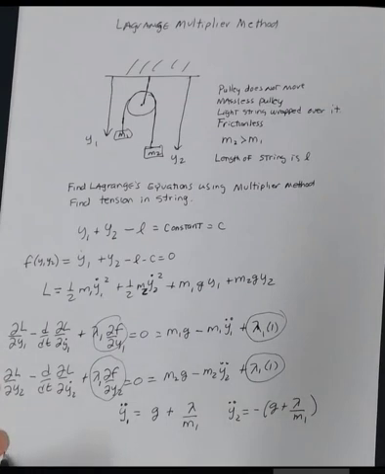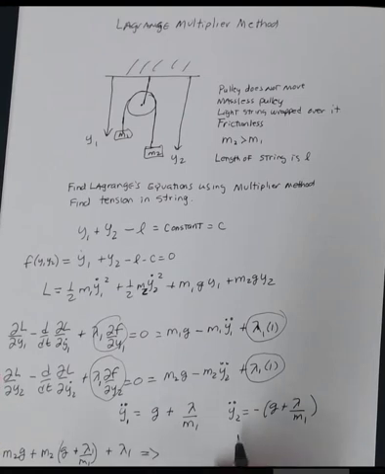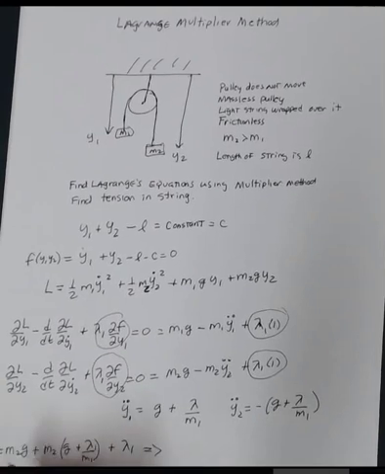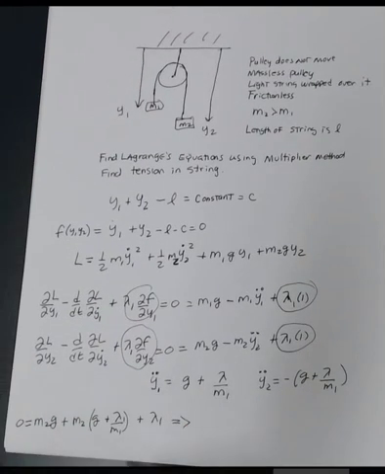I get m2 g minus m2 times negative g plus lambda 1 over m1, plus lambda 1, and this is 0, by the way.